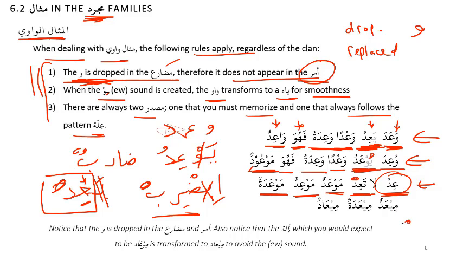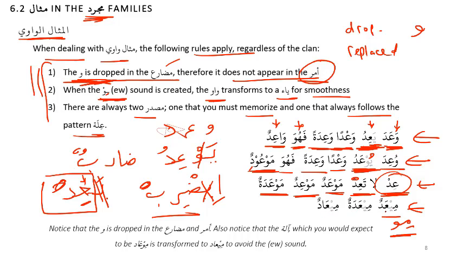It's a waw. If I have a meem kasra waw, this gives me a u sound, which we don't like. Arabs don't like the mu sound. So when there's a sound like this, what do we do? We replace the waw with a ya. That's why with the ismul ala, instead of mu'adun, which sounds terrible, we change it to mi'adun, mi'adatun, mi'adun.